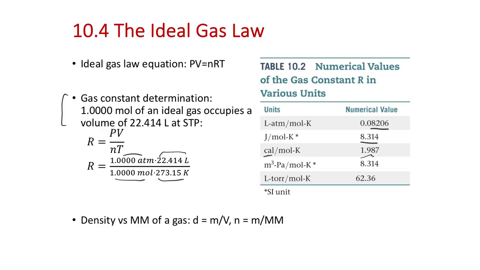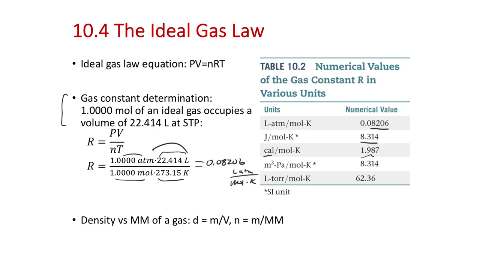So we throw all that into a calculator: 22.414 divided by 273.15. That works out, and that gives me the 0.08206. And then the units just go liter atmosphere per mole Kelvin.